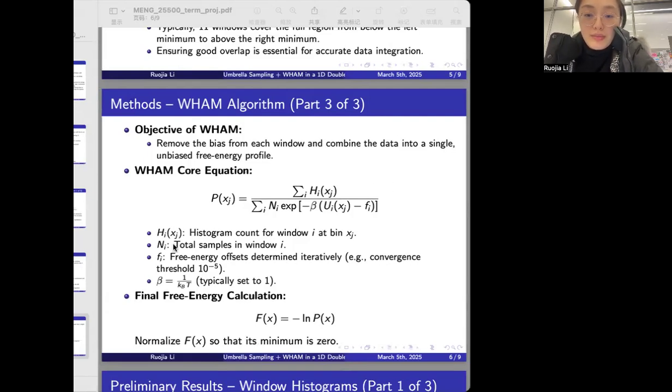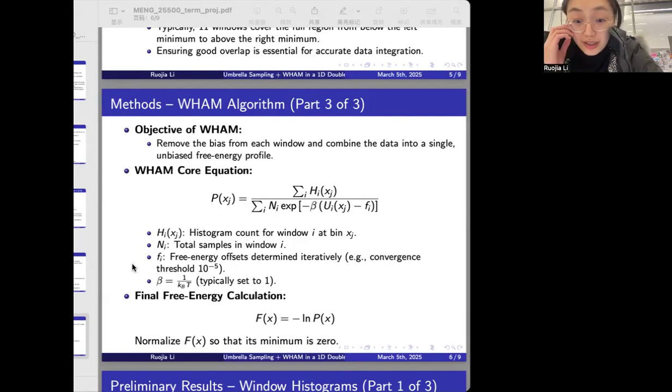Its core equation basically says we can extract the unbiased probability, which is P(x) here, by combining all these biased histograms appropriately. Each window has a free energy offset parameter, often denoted as F_i, determined iteratively.